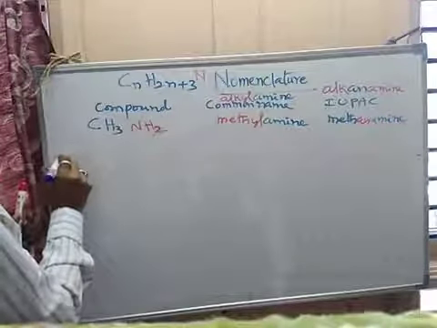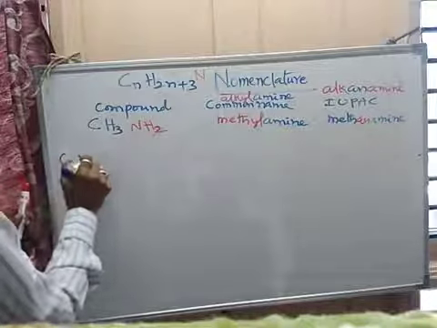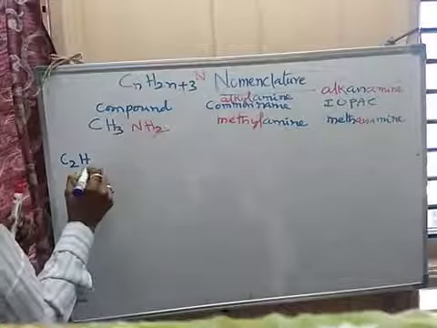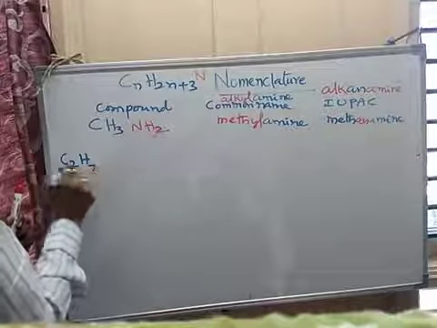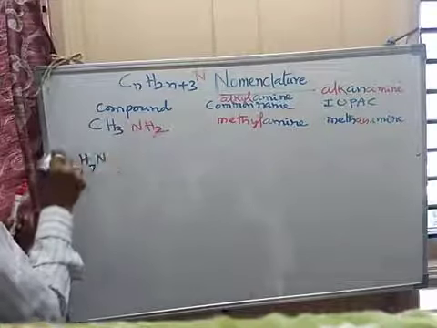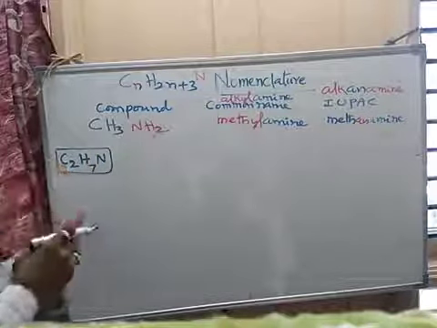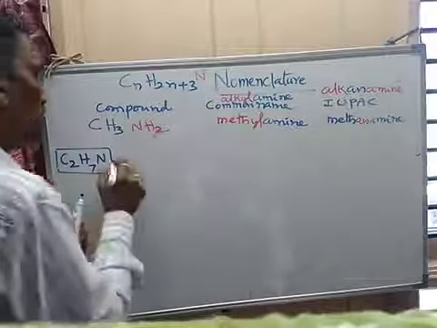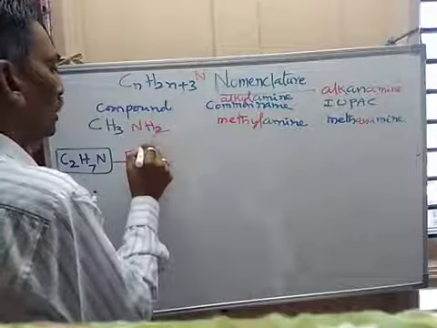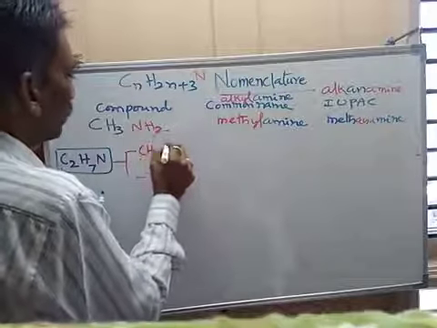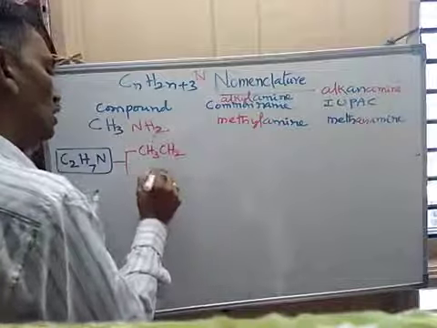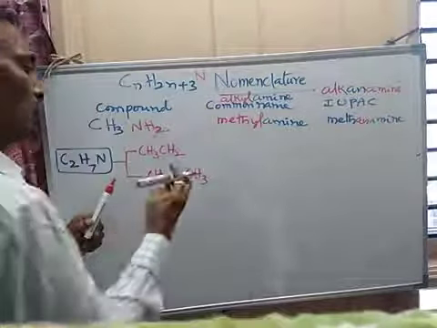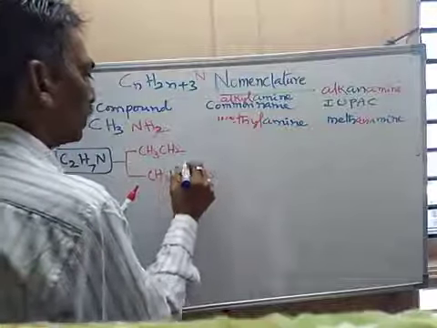Come to a molecular formula: C2H(6+3 = 9)... 2 twos are 4, 7, C2H7N. With this formula, what is possible? I have a chance to distribute these atoms and write two different structures, that is CH3CH2NH2, and CH3 and CH3 attached by NH.